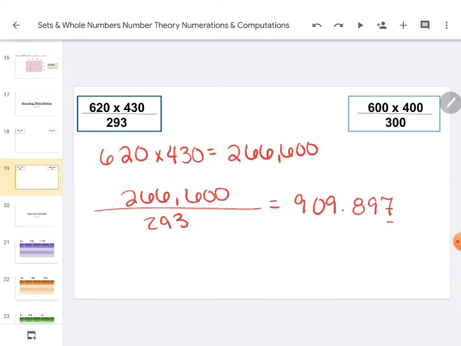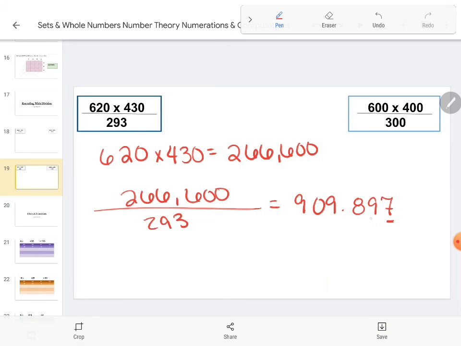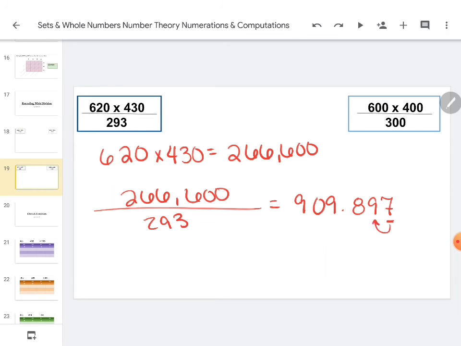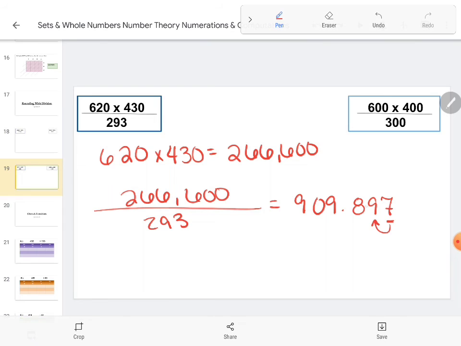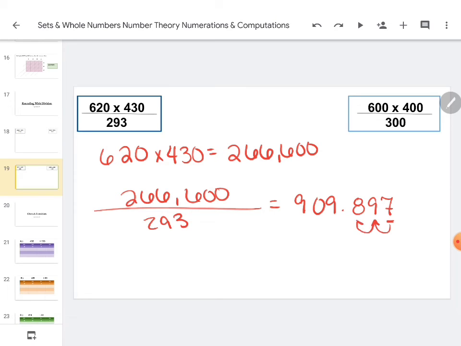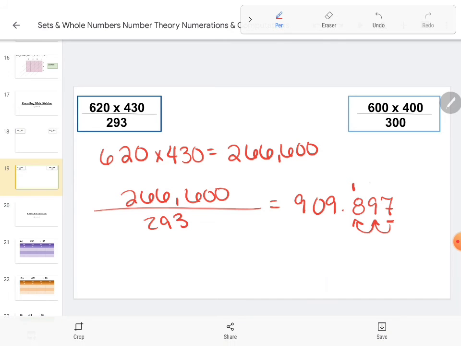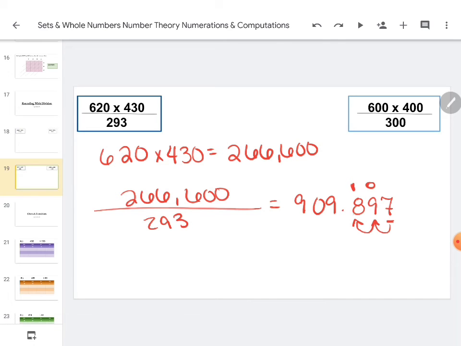Since 7 is above 5, we can go ahead and round this 9 up to 10. And in this case, since it's 10, we move over another digit and add that 1 from our 10 to our 8, and we should have 909.90.